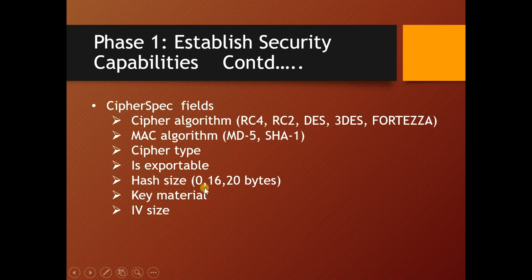Hash size 0, 16 for the MD5 algorithm, or if it is 20, it would be for the SHA1 hash algorithm. Key material basically stands for a sequence of bytes that contain the data used in generating the keys.